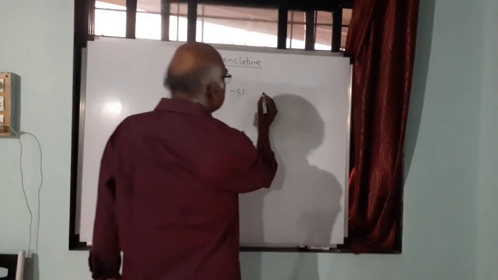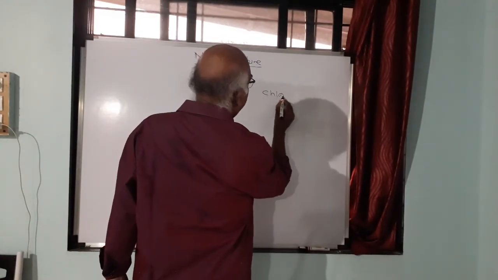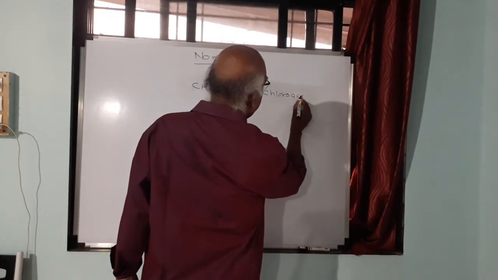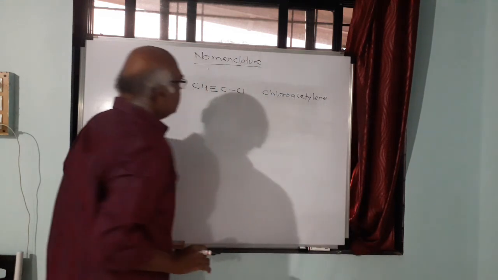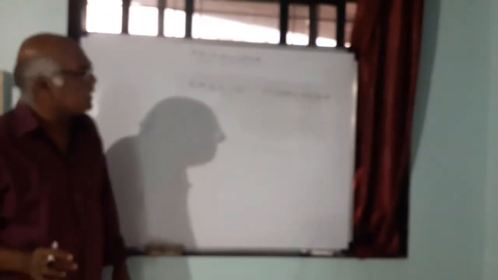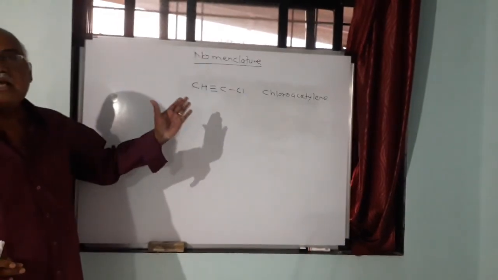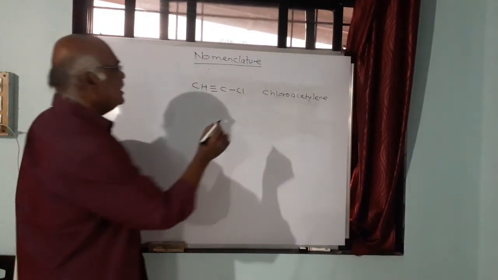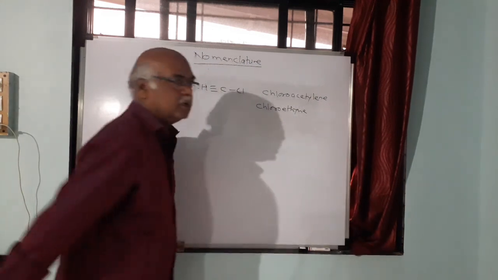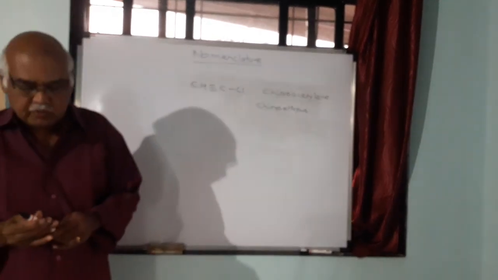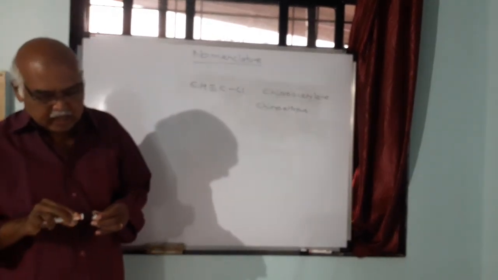So this will be chloroacetylene. And in the IUPAC system of nomenclature, acetylene is called ethyne. So this will be chloroethyne. So this is the nomenclature of, you may say, the halogen derivatives of alkanes.